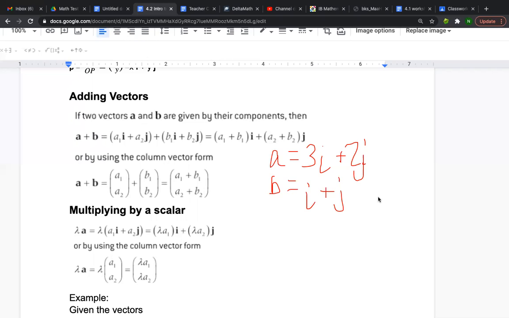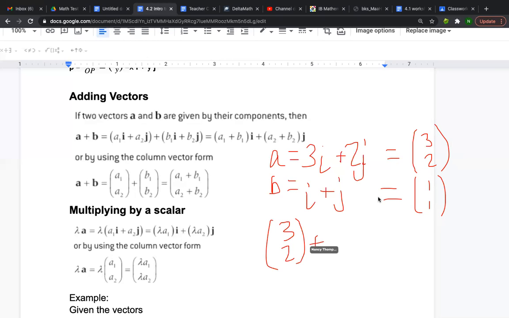If I were to convert these to column vector form, then this would be the same thing as (3, 2), and this would be the same thing as (1, 1). Now, the reason why I think this is easier is because when you set it up to add, you have (3, 2) plus (1, 1). There are no extra letters there for you to get confused about.